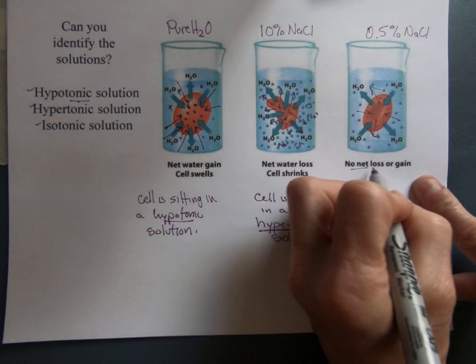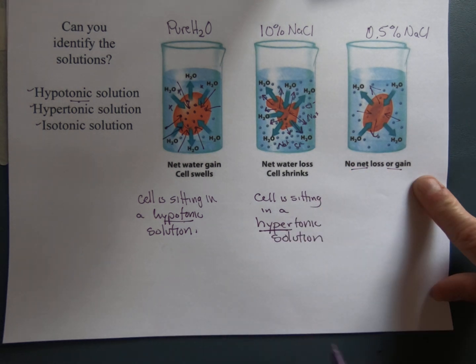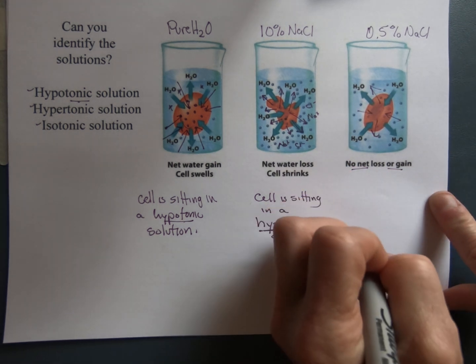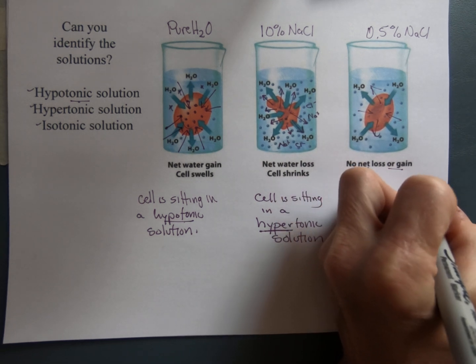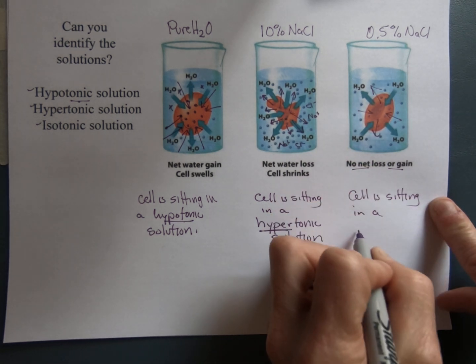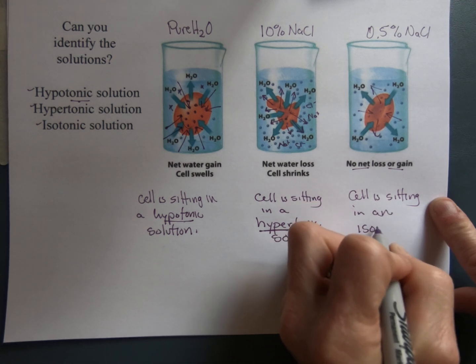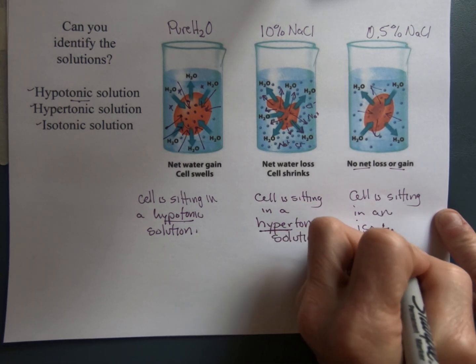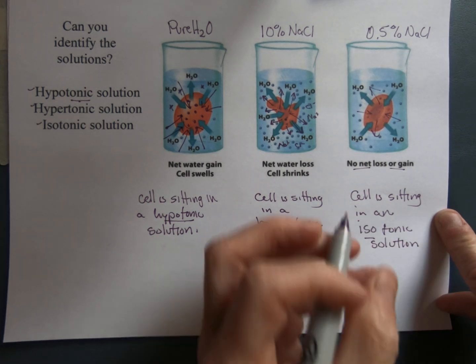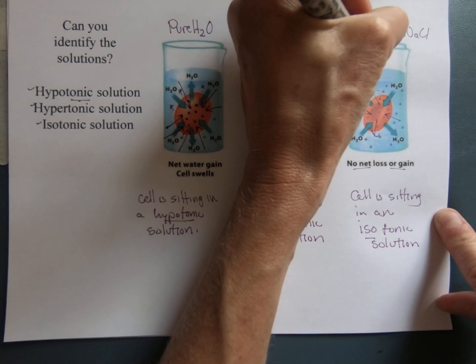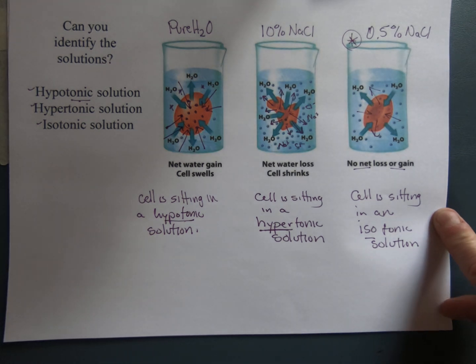There's no net loss or gain of water in this particular solution. And in this situation, we would say the cell is sitting in an isotonic solution. Iso means same. For animal cells, this is the happiest position it can be in, right? Animal cells like to be in isotonic solutions.